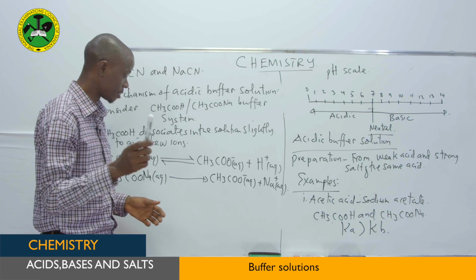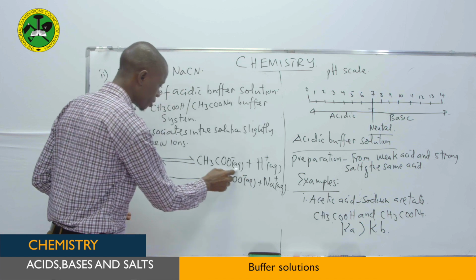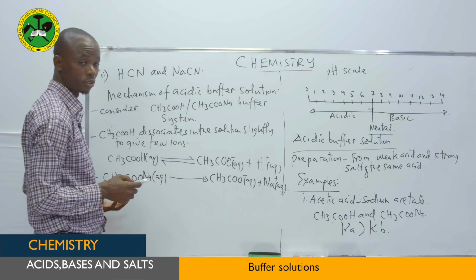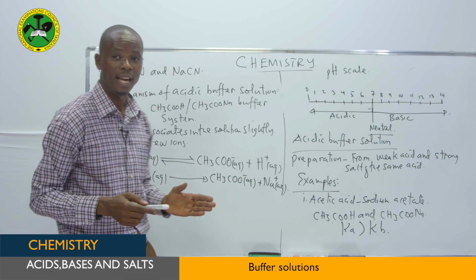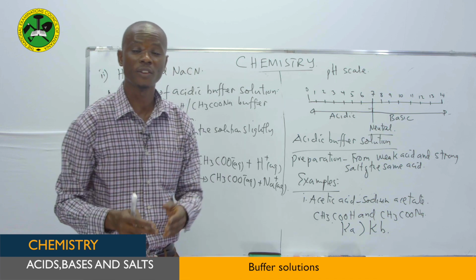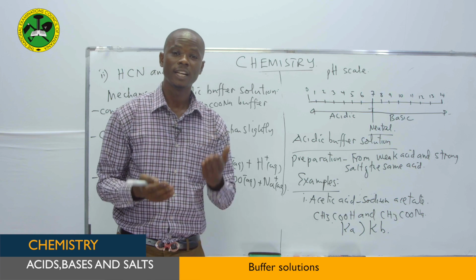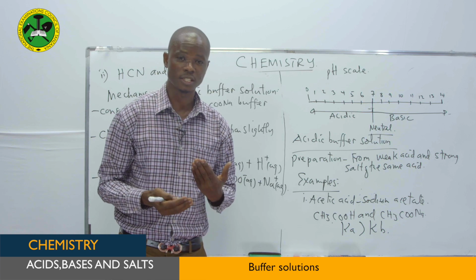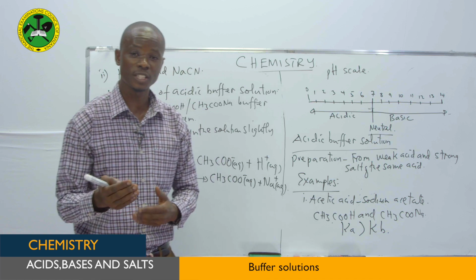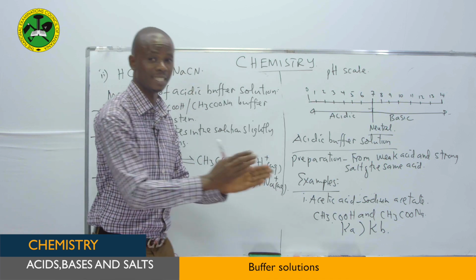So these concentrations which are produced by the strong salt will disturb the equilibrium. And I hope that you have the knowledge of Le Chatelier's principle, that when one of the conditions changes, the position of equilibrium will shift in such a way as to eliminate the change.